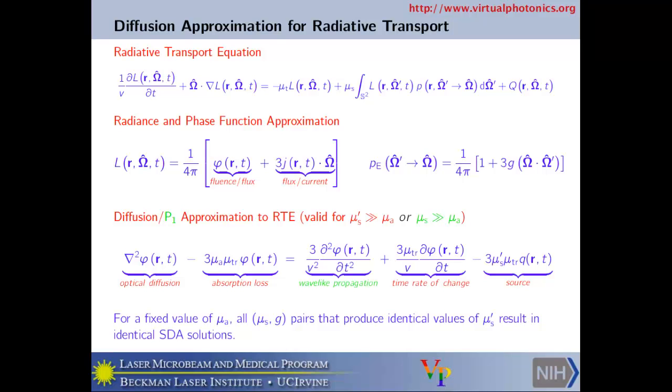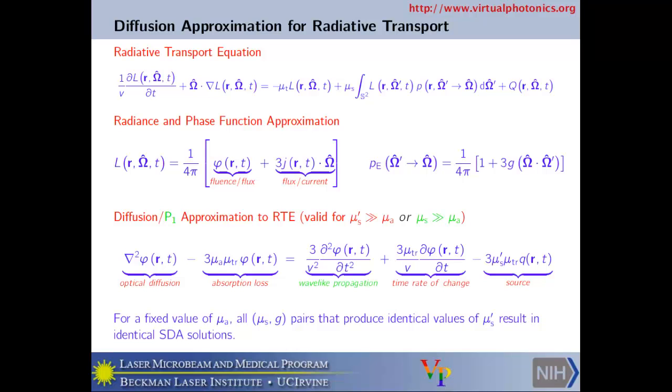This approximation tends to be valid when these approximations for the angular description of the radiance and the phase function seem fairly valid, and that tends to be when scattering is dominant. So when the reduced scattering is much larger than mu A, then you get the diffusion approximation.